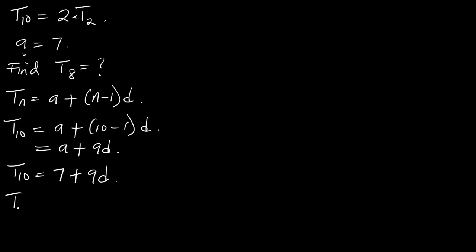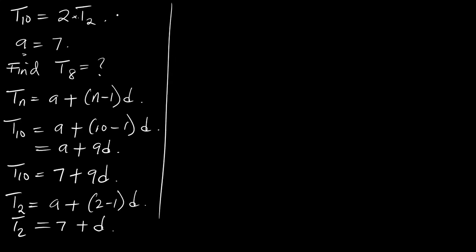while the second term, applying the general formula, you have a plus bracket open 2 minus 1 times d, which is the same thing as saying, since a is 7, 7 plus d is the second term.